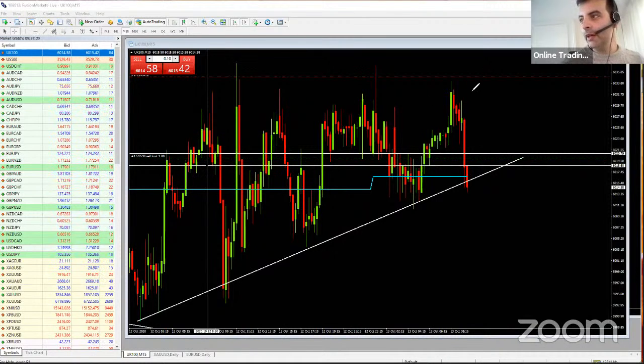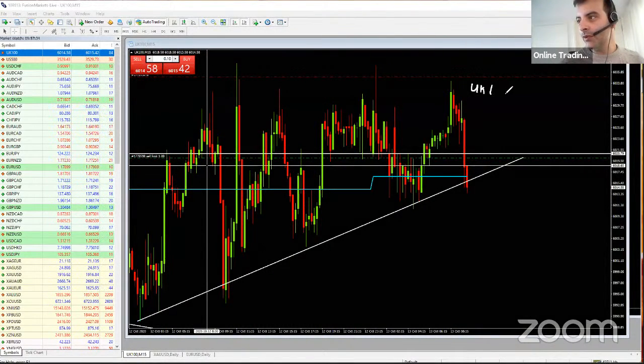Right, it is a UK 100, and it is a sell at 60.20 as the entry, with a stop loss at 60.35, and I'm going to flip the order.